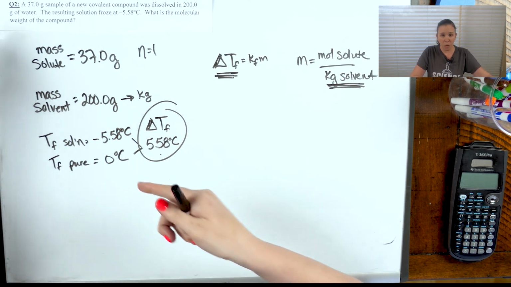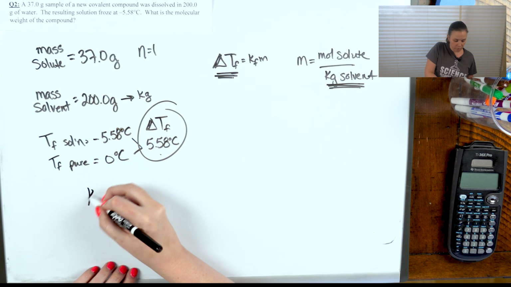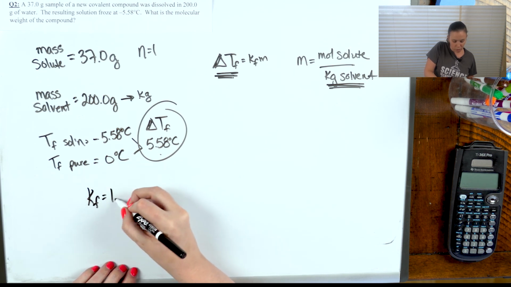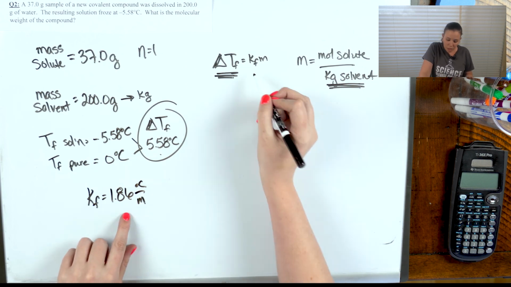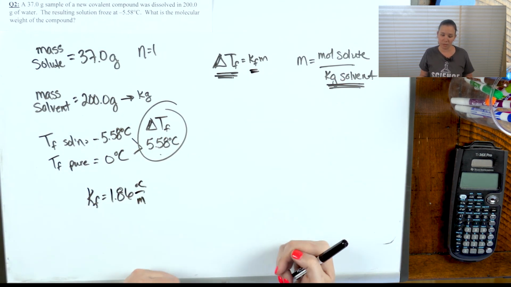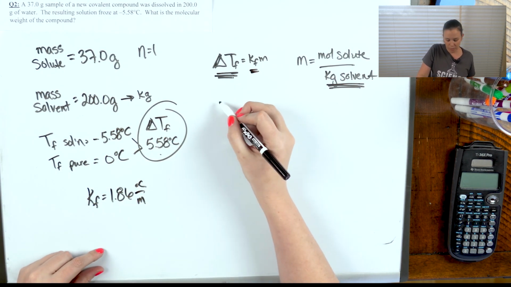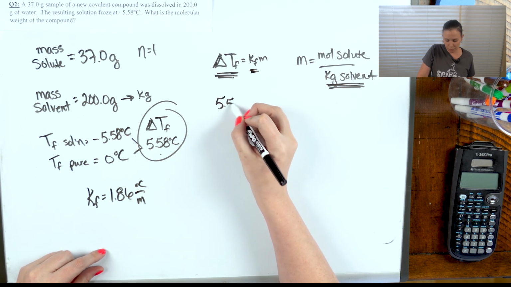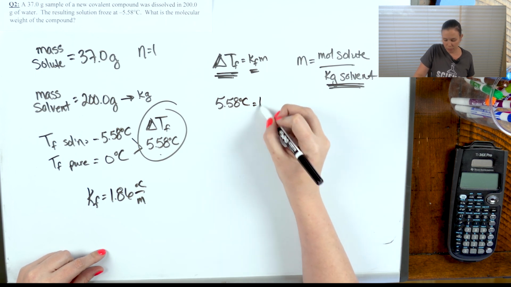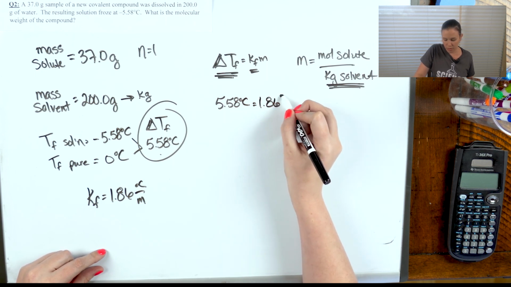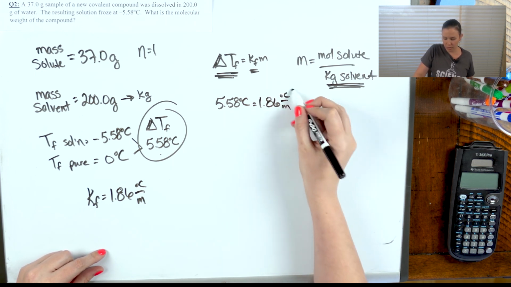But wait, it was water, right? And so that means that the KF is 1.86 degrees Celsius per molality, which actually means I have two things in my delta T formula. So let's plug those in. Delta T of 5.58 degrees Celsius is equal to my KF of 1.86 degrees Celsius per molality.